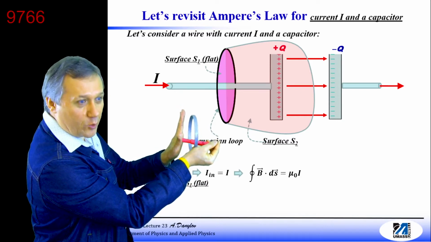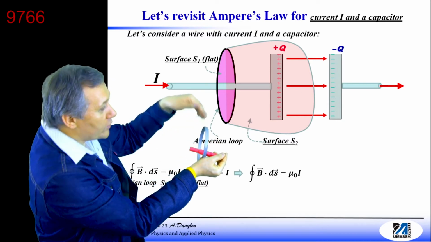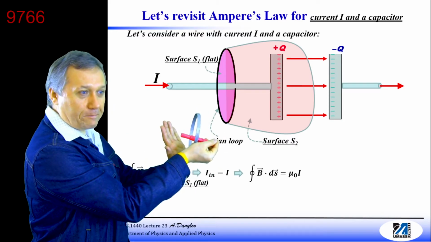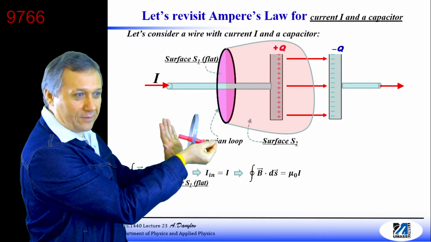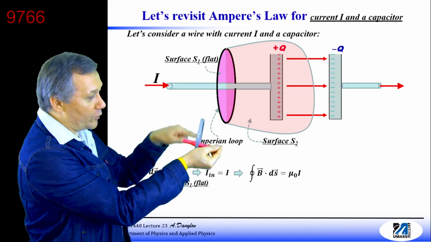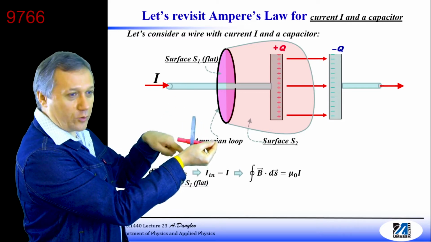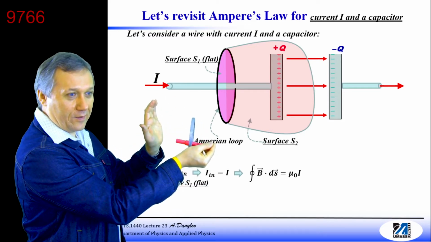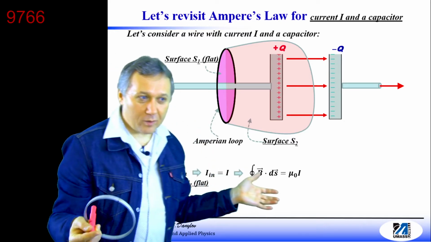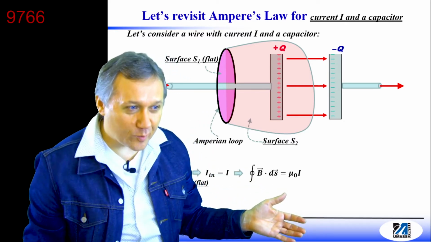But the surface S2, which Maxwell picked, goes around the electrode, and of course, this is the gap. Now, I enclosed is 0.